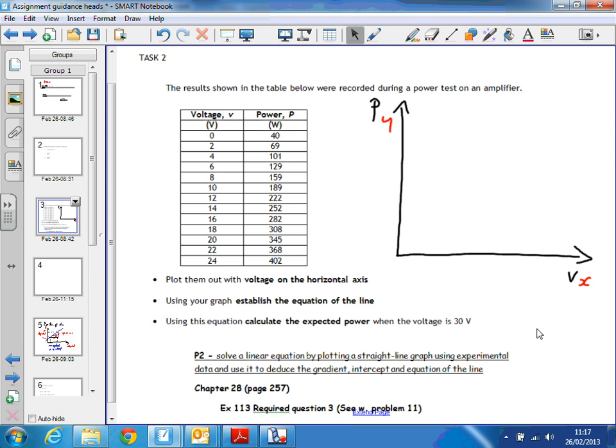Okay. If I plot this graph, I might get a set of results that looks a bit like this. And experimentally, this is something that quite often happens. You do the experiment, you get the results, you plot the graph, and there's a rogue result.